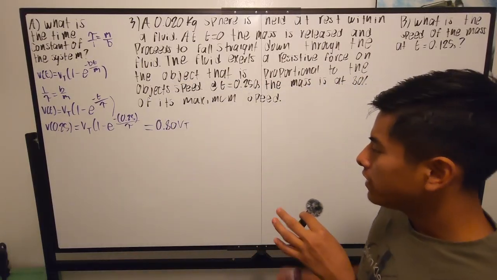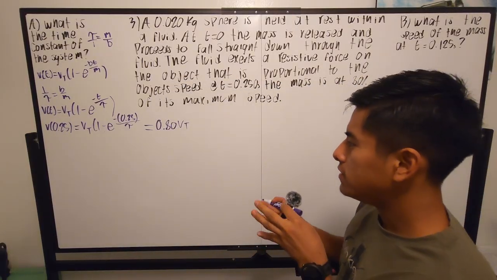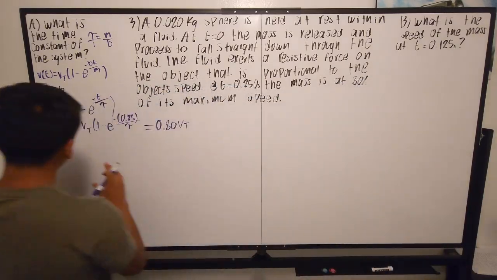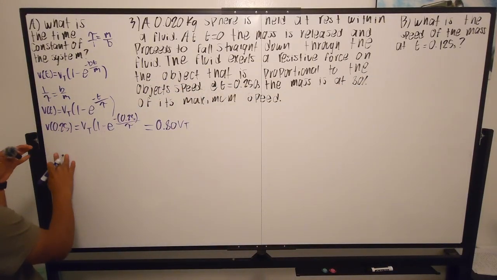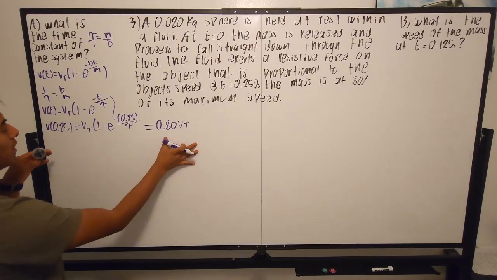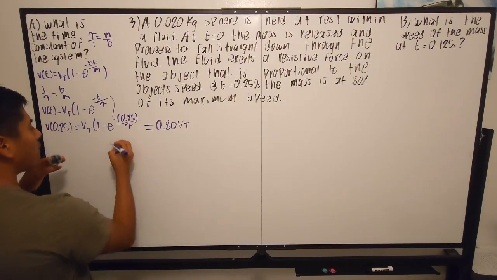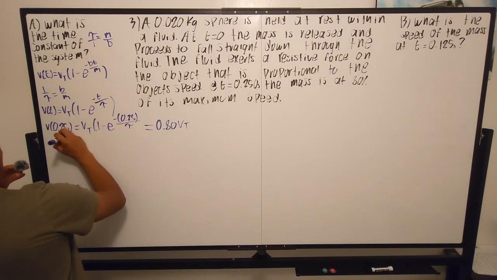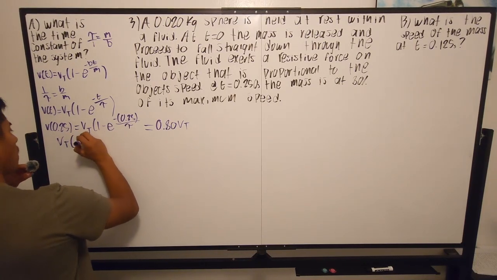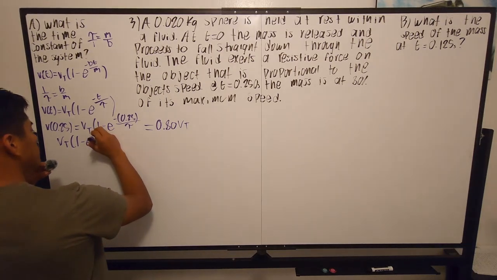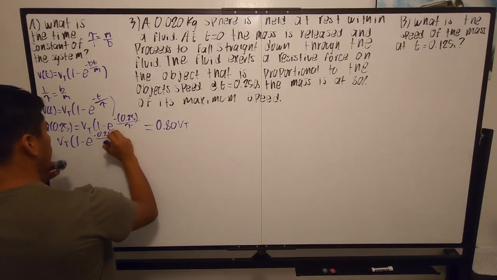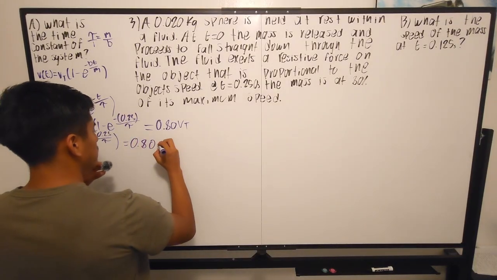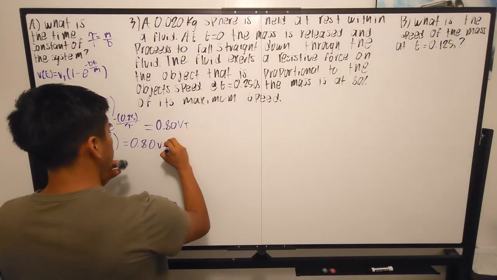Now what I have is these three things that all equal the same thing. And now I'm just going to ignore this one because I'm not going to do anything with it right now. So I'm just going to focus on these two that we have right here. So we'll have vt times 1 minus e to the negative 0.25 over tau equals 0.80 vt.